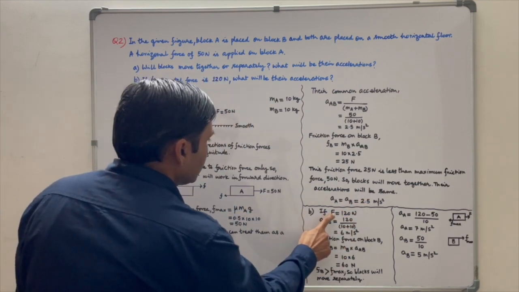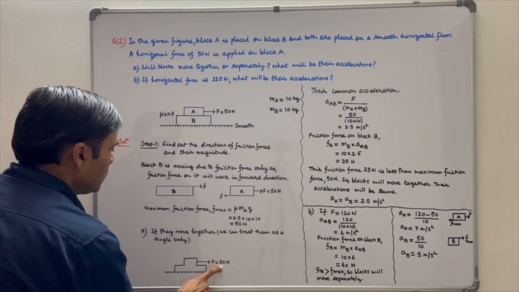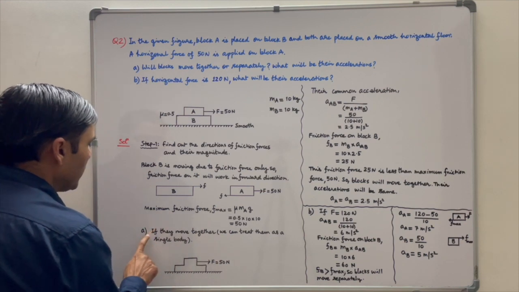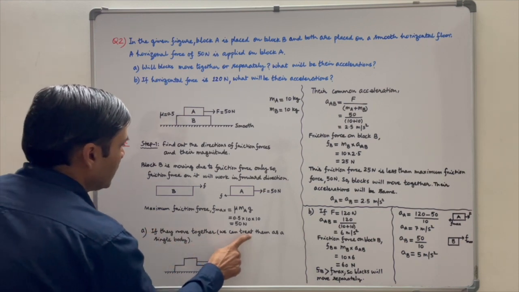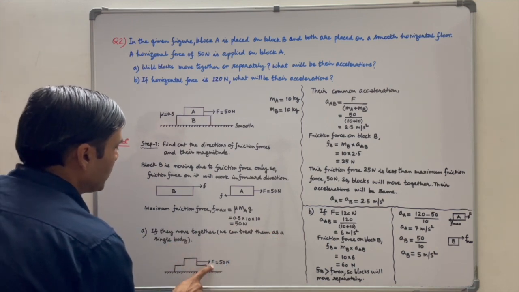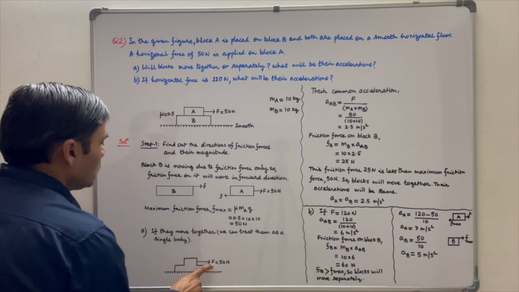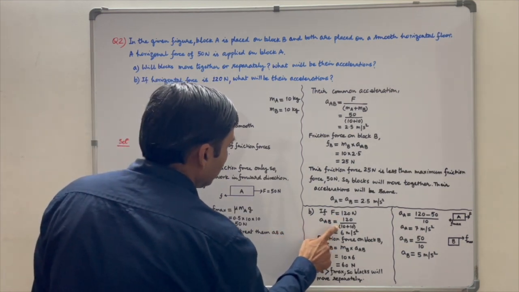Part B. Now external force is 120 Newton in place of 50 Newton. So we will start all over again from here. Suppose both the blocks are moving together, so we will treat them as a single body on which external force of 120 Newton is applied. So acceleration of this common body will be equal to F upon ma plus mb.